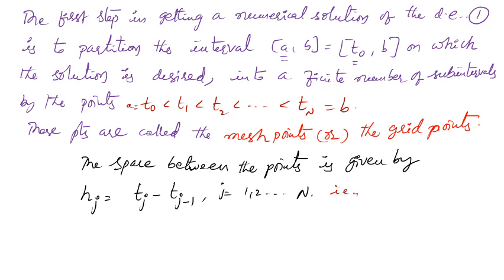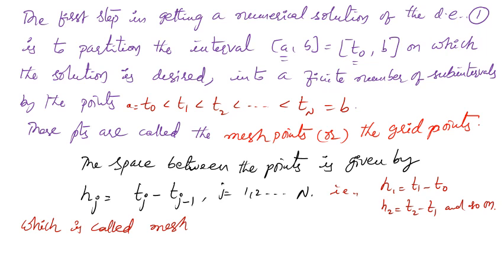If I put 1, h1 is t1 minus t0, h2 is t2 minus t1, and so on. This hj is called the mesh spacing or step length.